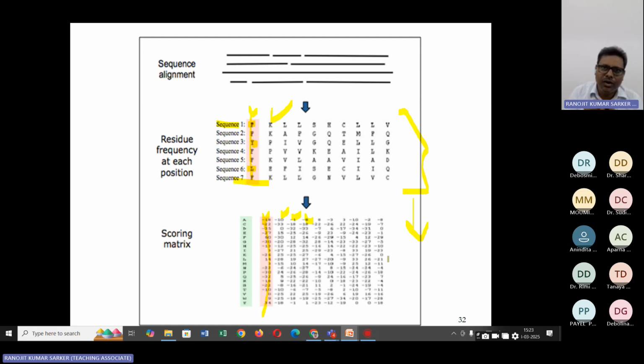Now, what actually do we do? We use a sequence that is known to us as having kinase activity, and use this sequence as input. That means you are getting biased to your query sequence, right? Your query sequence is not representative of the kinase activity proteins.